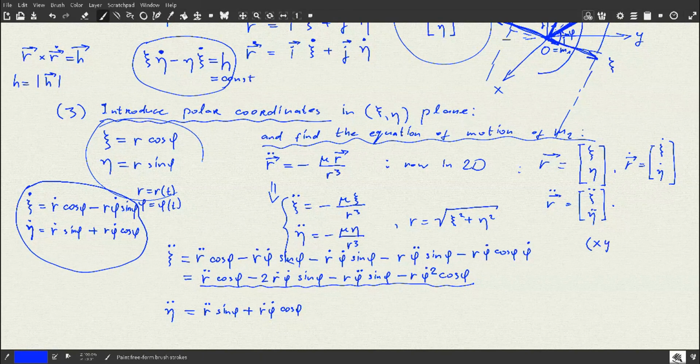You know that xy dot is x dot y plus xy dot, and in a similar way, xyz dot is x dot yz plus xy dot z plus xyz dot, and so on.